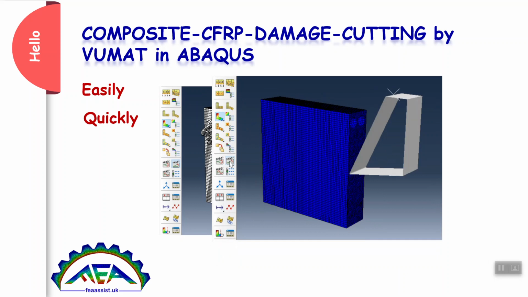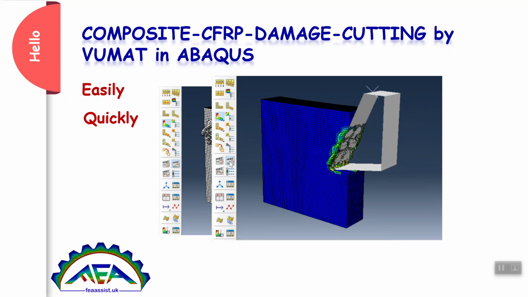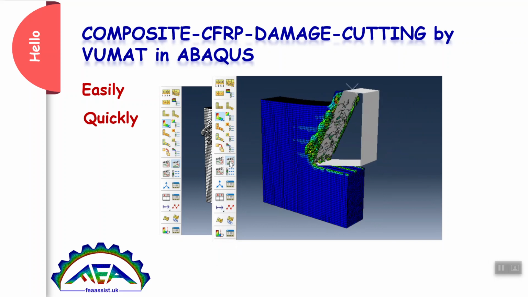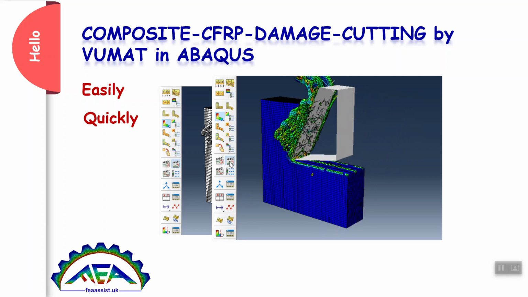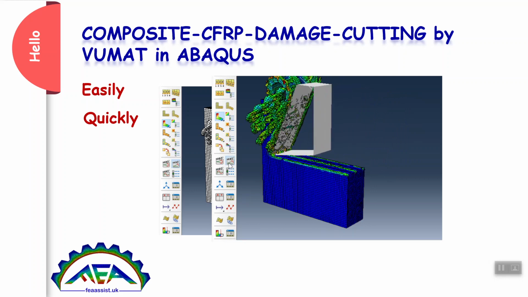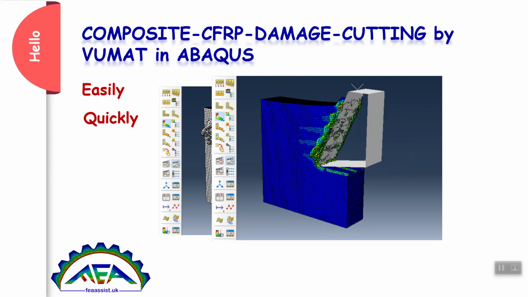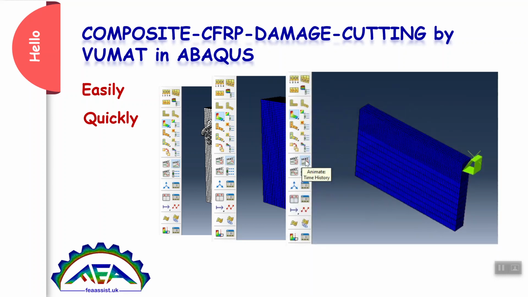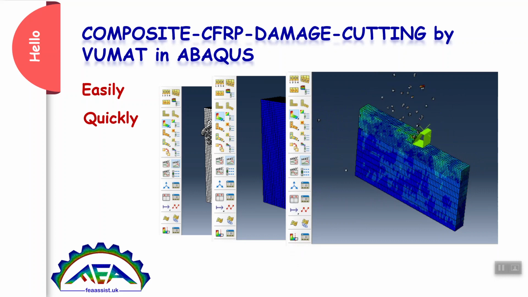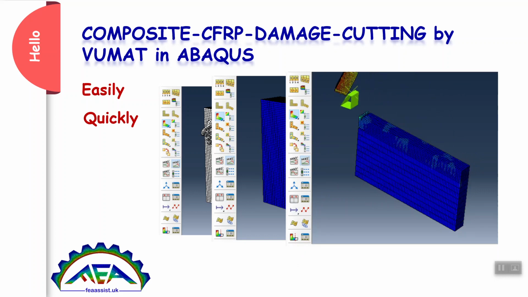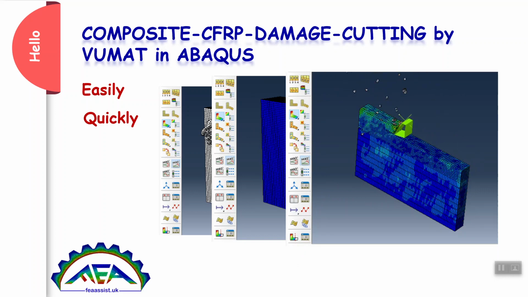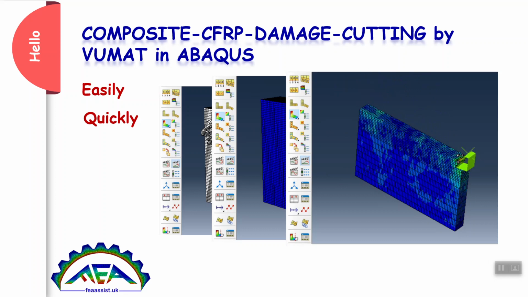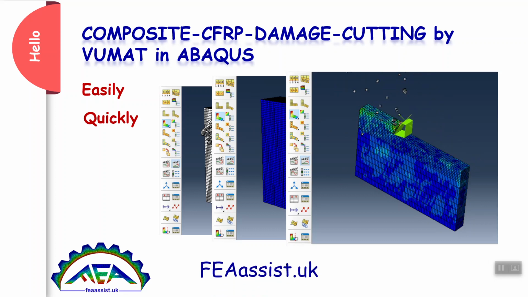Here you can see the strain in the elements and the chip formation. The second solution is macro. You can see the chip formation and cutting process here. To understand the details of how to do that, stay with us.